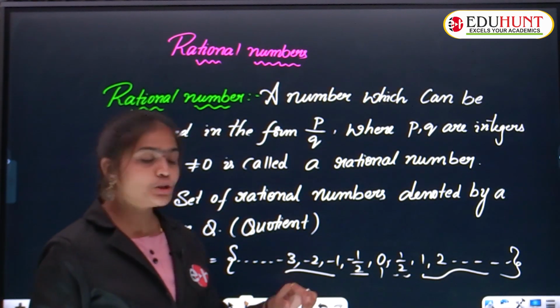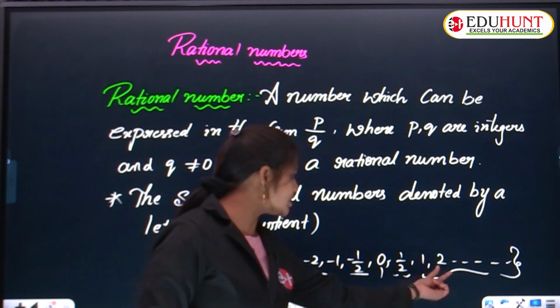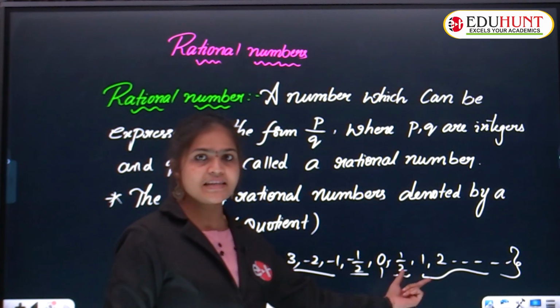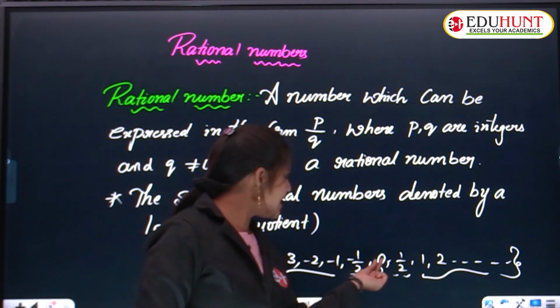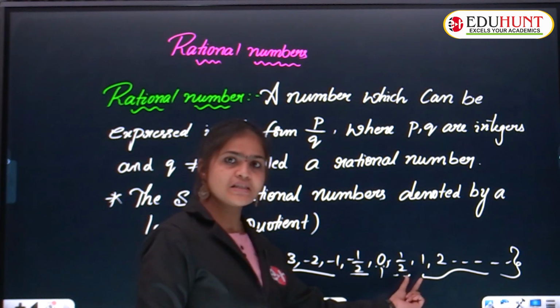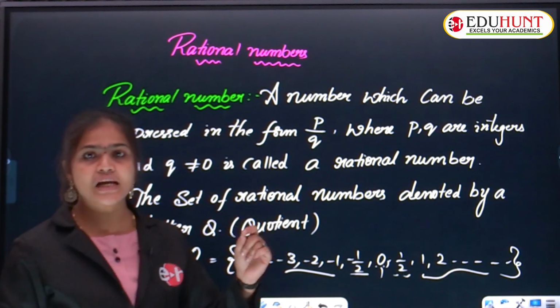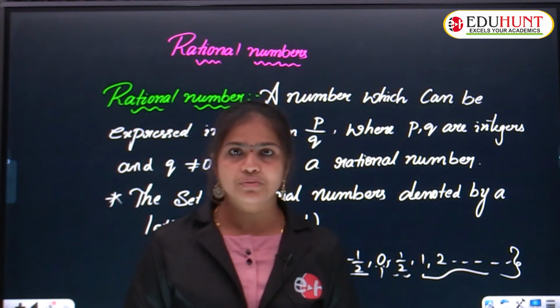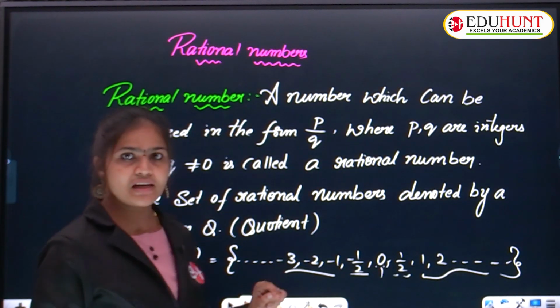So the combination of negative fractions, positive fractions, and integers, meaning negative numbers, positive numbers and 0, is called the set of rational numbers. So this is the definition of rational numbers.